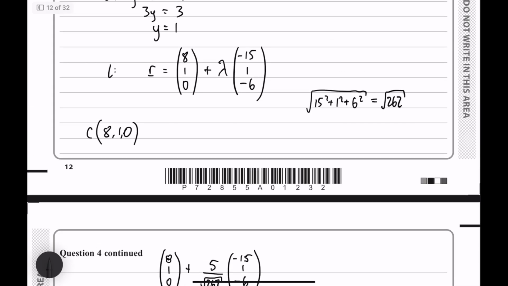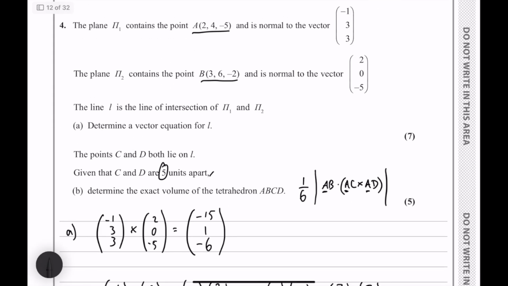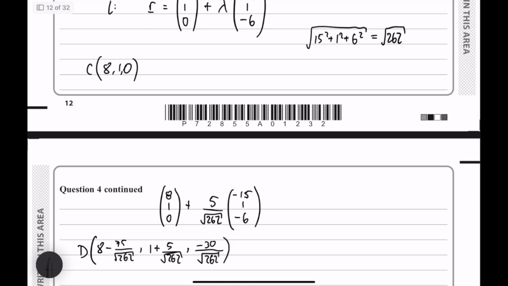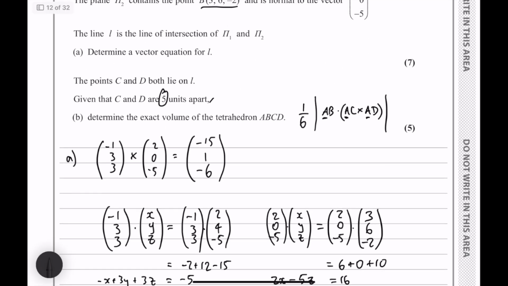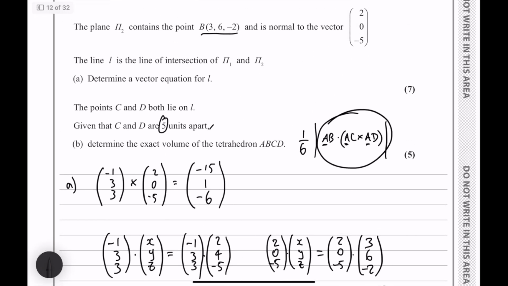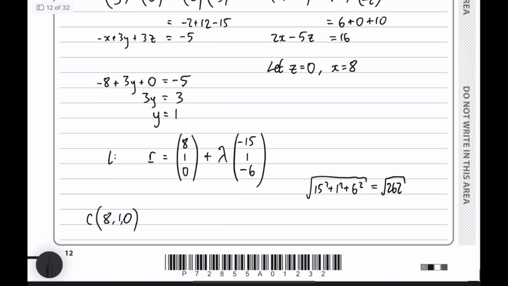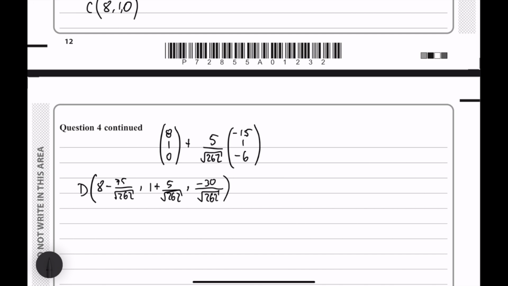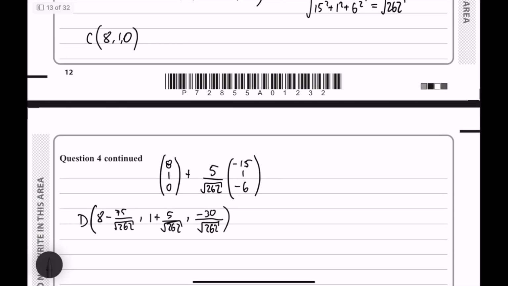From here, we've got our 4 points. We already know A and B in the question. C we've chosen to be this, so that D is 5 units away using this method. Now we need something kind of like this. What I'm going to do instead, just to make this slightly easier with this D point, is make C my common point.